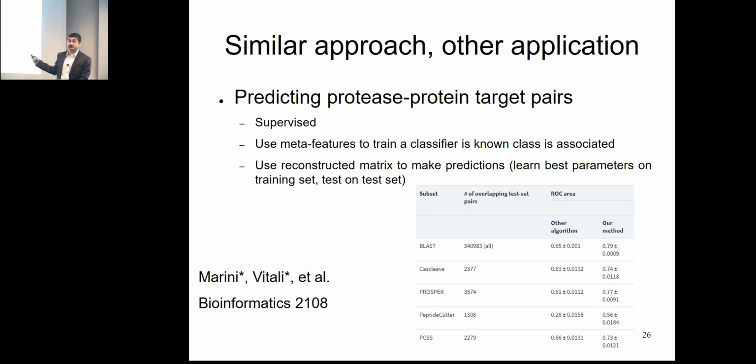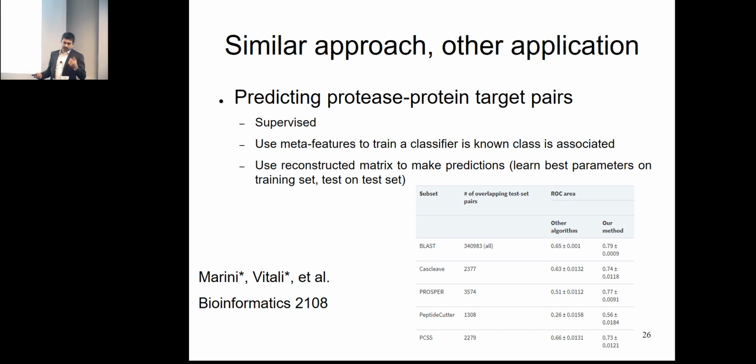So here is another application of basically the same principles of putting together external, not directly related information with what you measure. In this case, it's protease-protein target pair prediction. Now, proteases are proteins, and they have some specific targets. And when they find the target, they cleave it, they cut it.